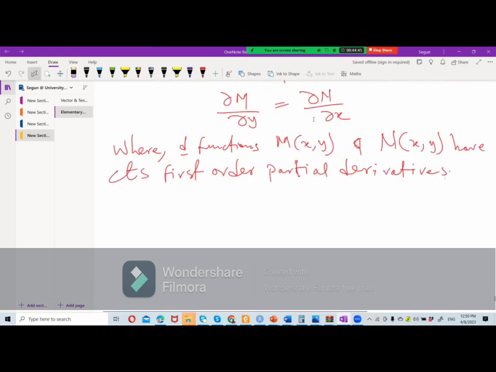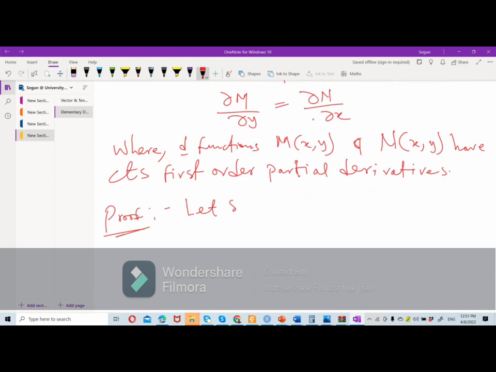So in this case now, we can look at the proof. The proof of the whole matter is very simple. It's just 2 lines. Suppose equation 1 is an exact differential equation.